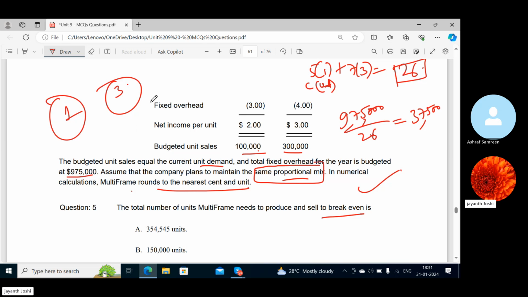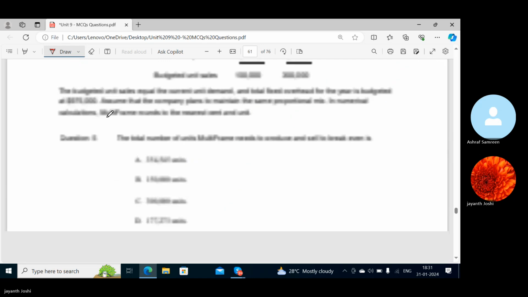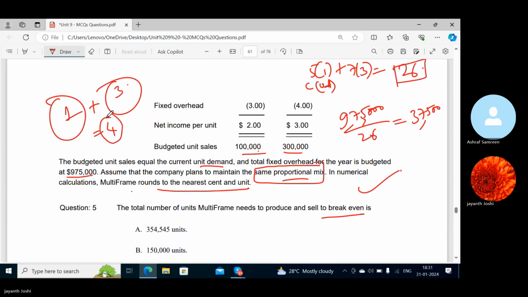Composite, how many frames? If I add both of them, the total number of frames will be? 4. So 37,500. Now what I need to do, this is per unit wise. I have taken the composite contribution margin, right?